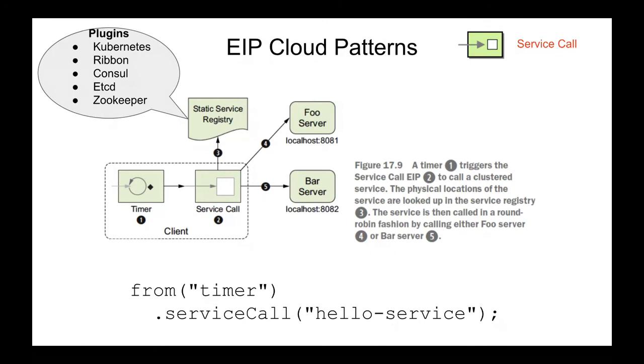Off the top of my head, there might be a situation where you really need some powerful client-side algorithm to decide which physical node to use for calling a service, and you cannot use the default from Kubernetes or maybe the one that Istio might provide. Then this service call pattern you can use in Camel, and you can plug in your own algorithm to decide what to do.